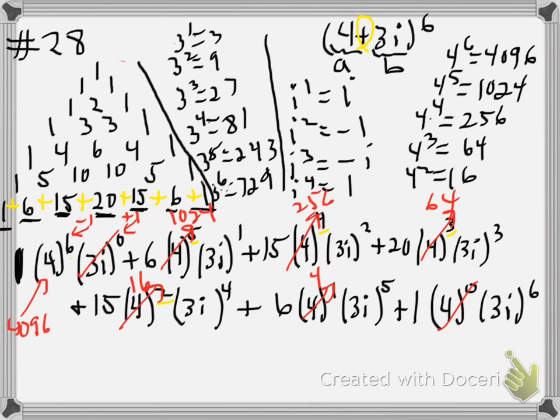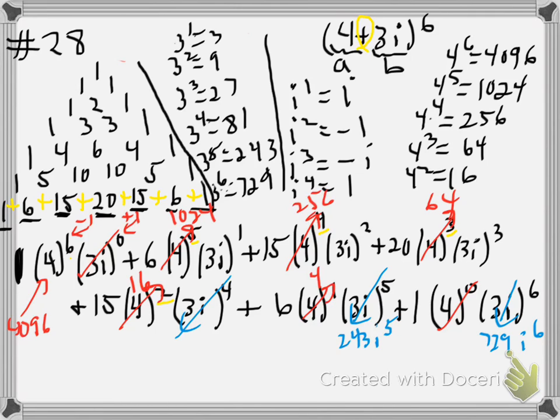I'll use a different color for the I numbers. Okay, this one is going to be 3 to the 6th, so that's 729 I to the 6th. This one here is going to be 243 I to the 5th.